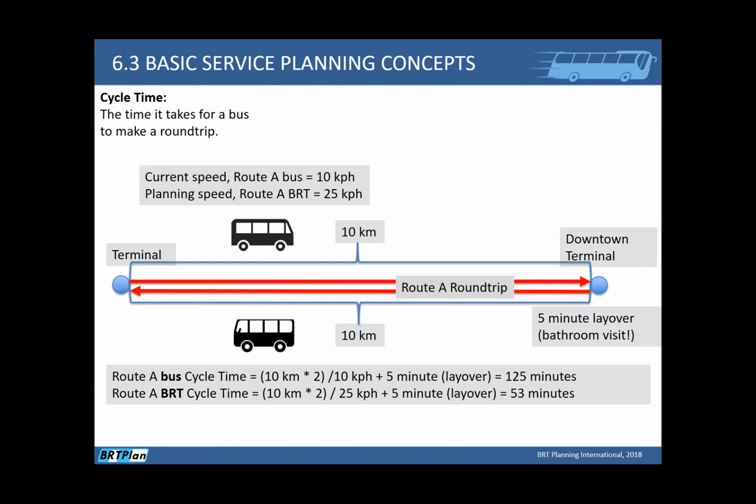If it's going to be BRT, it's going to be 25 kilometers an hour. If it's a regular bus, we're going to assume for now it's 10 kilometers an hour. So your cycle time, when you add the layover for the current bus, is going to be 125 minutes to make that full cycle. And for a BRT, it's going to be 53 minutes. You're going to need these formulas when we move on to other things.